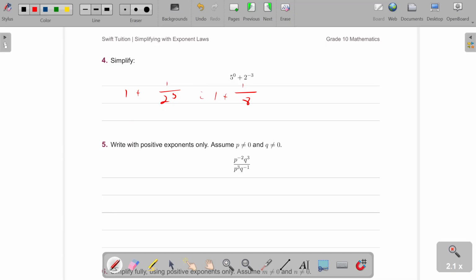Because again, we're talking about plus, we can't just merge and match. Multiplication, if I had something like 1 multiplied by 1 over 8, all I need to do is multiply the numerator with the numerator, and the denominator with the denominator. This is the same as 1 over 1, right? Any number divided by 1 is the same, and I can just multiply the top with the top and the bottom with the bottom, and that gives me 1 over 8. Fairly straightforward, right? Multiplication is different.